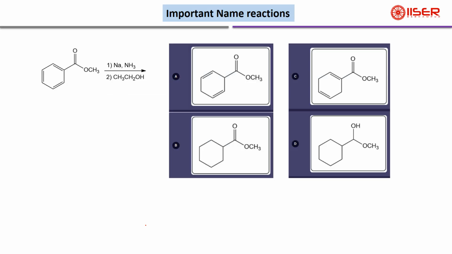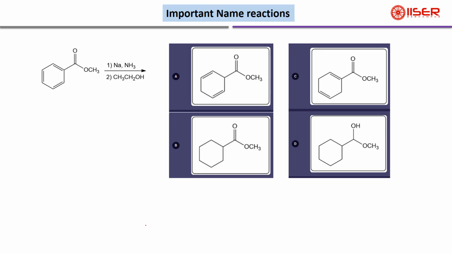So what will be the product of this reaction? They have given this benzoate ester. What will be the product? Now first we have to determine whether the ester group is electron donating or withdrawing. As it looks like an acid, and due to conjugation also, this ester group acts as an electron withdrawing group.